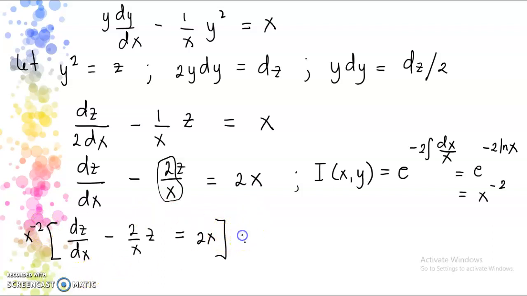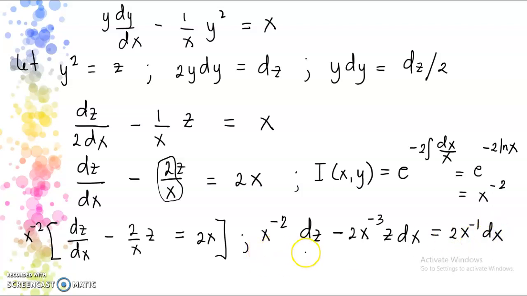Therefore, x raised to negative 2 dz minus 2x raised to negative 3 z dx equal to 2x negative 1 dx.